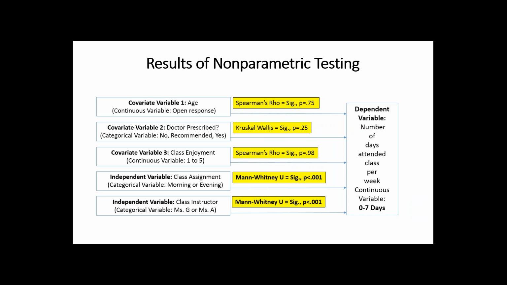However, we do see that the last two variables, our two categorical predictors, are significantly related to class attendance, that being class assignment, mornings or evenings, or class instructor, Ms. Gettenline or Ms. Albright. So we did detect those big relationships like we did with the full 100 residents in our analysis.